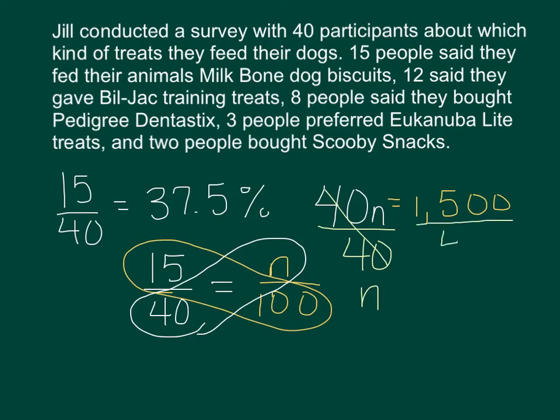Do 1,500 divided by 40, and it will give us 37.5. And in order to get the correct answer, all we have to do is put the percentage sign in. So 37.5 out of 100 is equivalent to 15 out of 40.